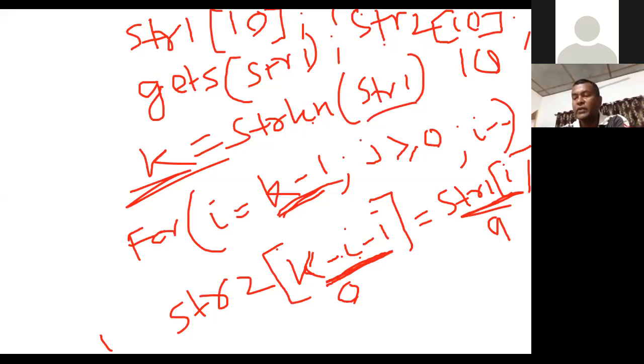Means indirectly what I am doing, I use one for loop. Next, what value will go? This is a for loop. First time the first position is compared with the last position.